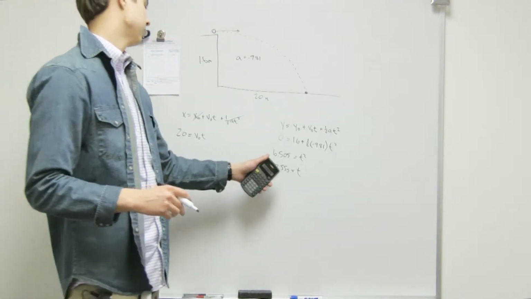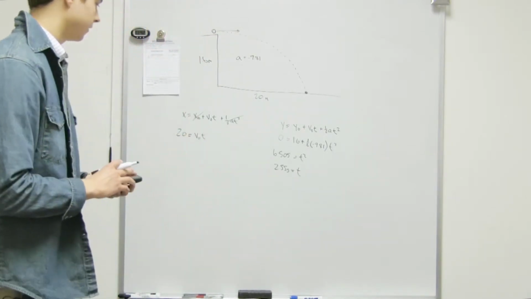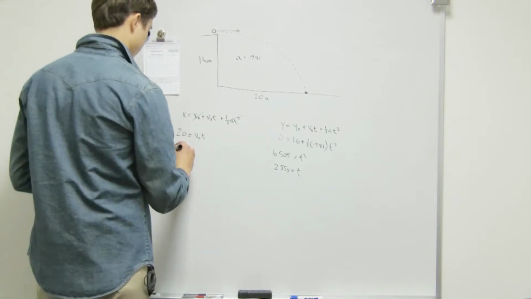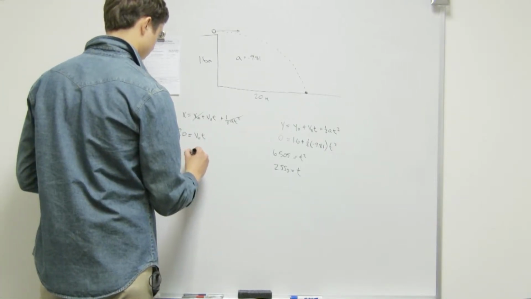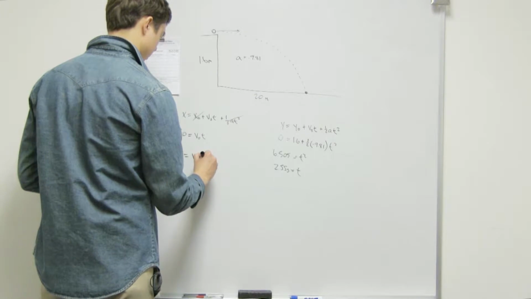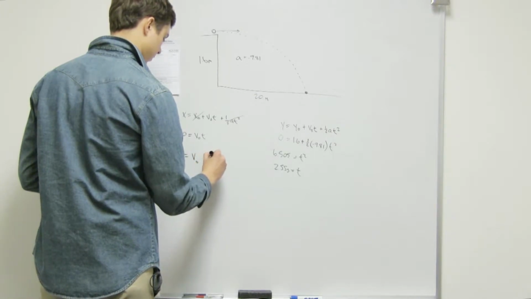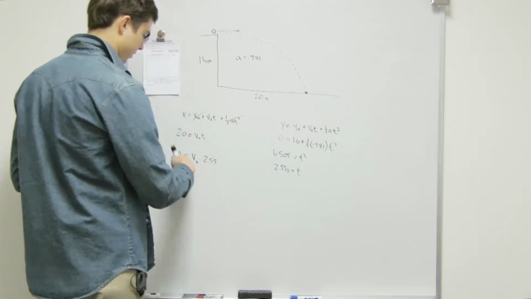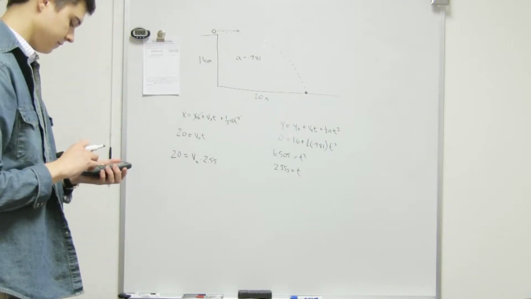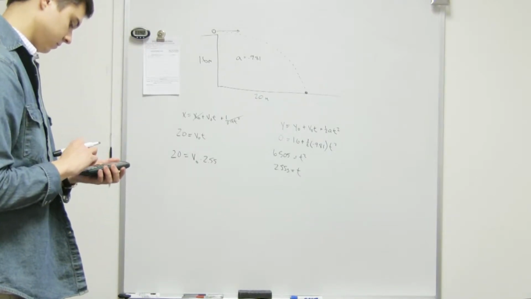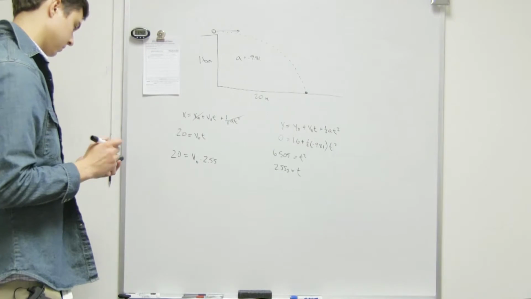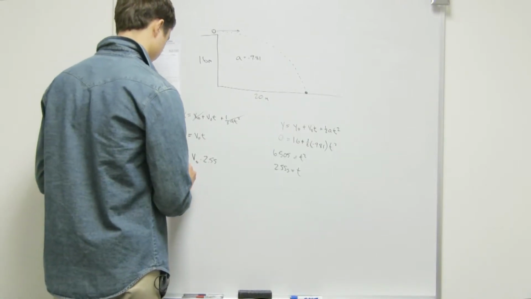So now we've got time. We can come over here, plug it in for t. So we know 20 equals v naught times 2.55. Divide that over to get v naught by itself. And we get 7.8 meters per second.